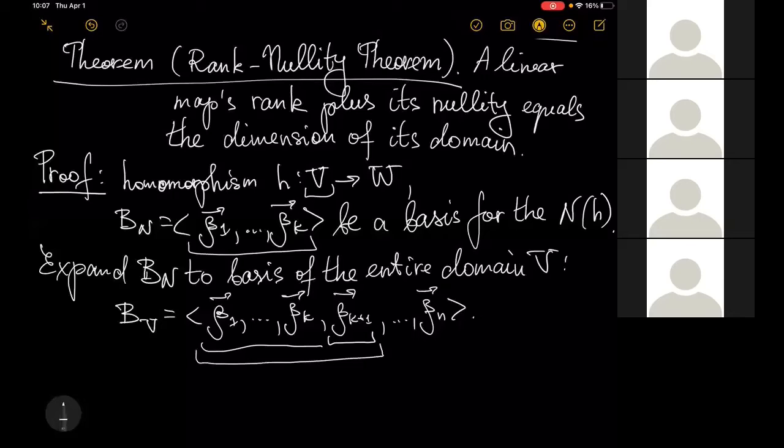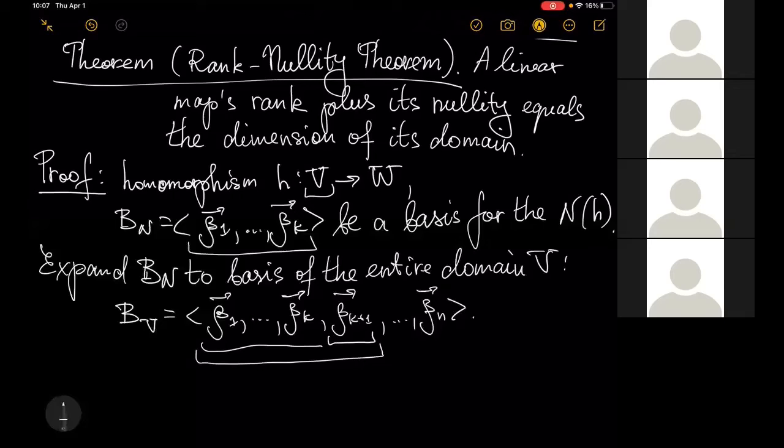If this basis is spanning the whole vector space V, then we are done. If it's not, take any vector which is not spanned by these k plus 1 vectors. So it's linearly independent with the previous ones, right? And so on.